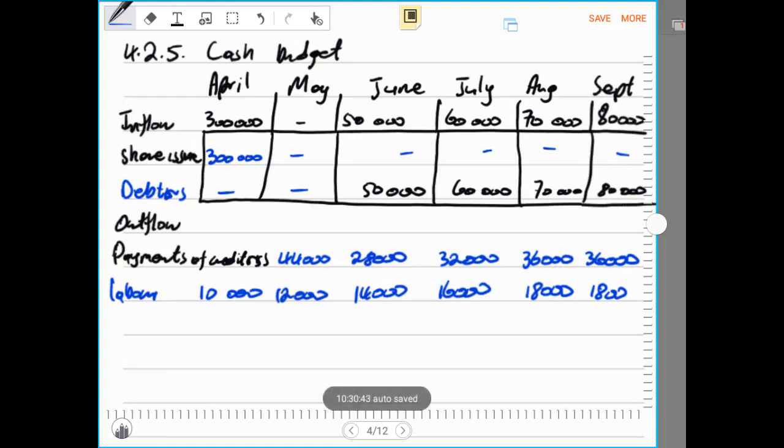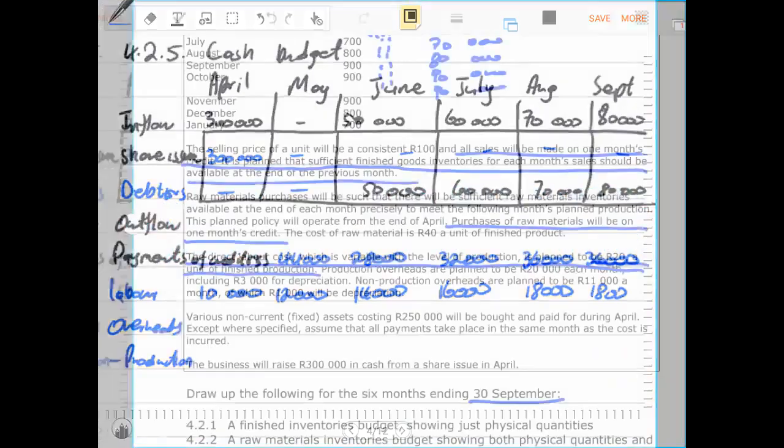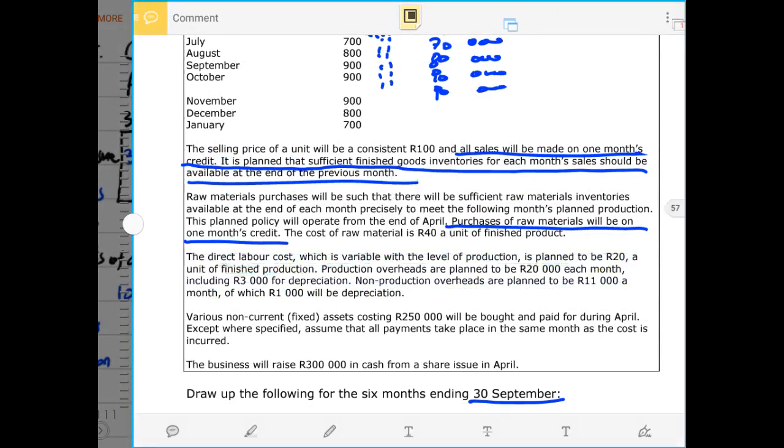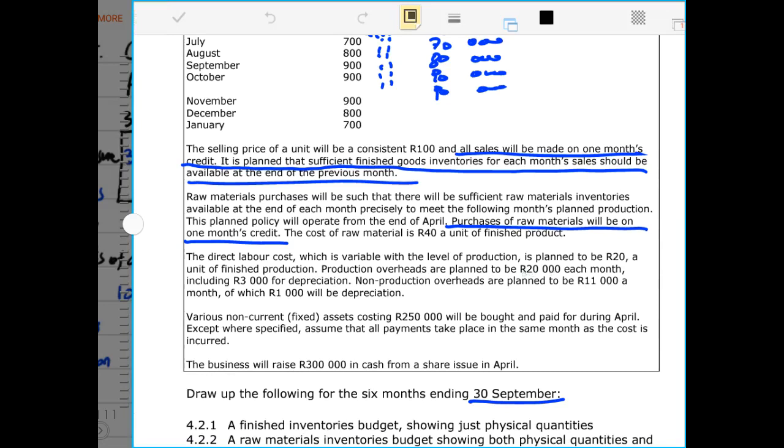Then after, we have to do overheads. We had production overheads, which was very easy. We just had to say 20,000 less 3,000, because our production overheads amounted to 20,000 but included a non-cash item, which is depreciation.